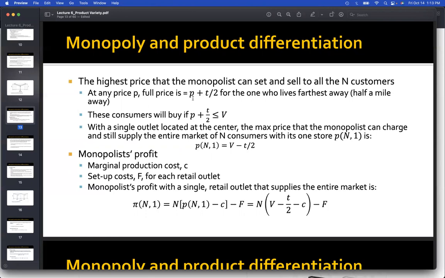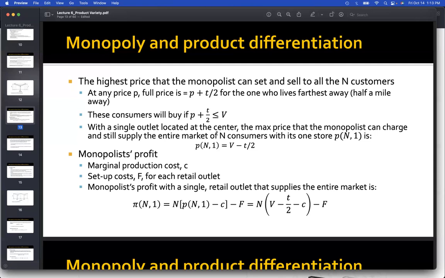You then have to lower your price in order to do it because the price is the only thing that you can manipulate. So T over 1/2, this is given exogenously in the model. So you have to lower your price such that P plus this transport cost is less than or equal to V. Now, here's the price for end consumers and one store, which is essentially this one.